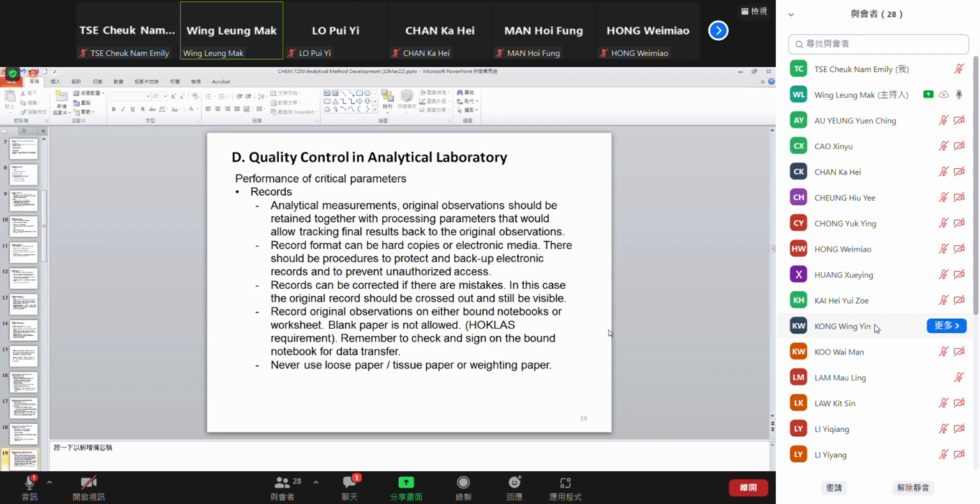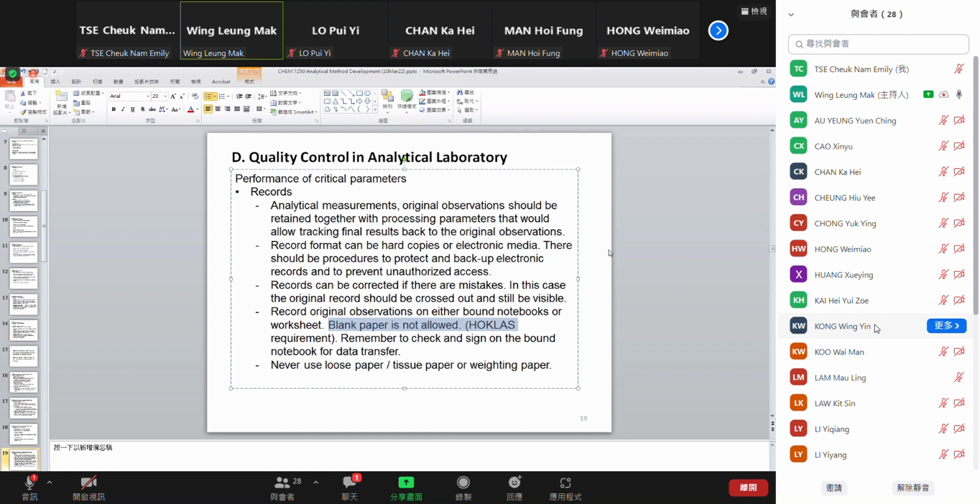Within this one, you can read it by yourself. It talks about the records, okay? The most important thing is that blank paper is not allowed by the accreditation body. That means all of the record sheets should be worksheets approved by the laboratory before you use them. You cannot use blank paper to record all the results and write down the sample name and code, okay?